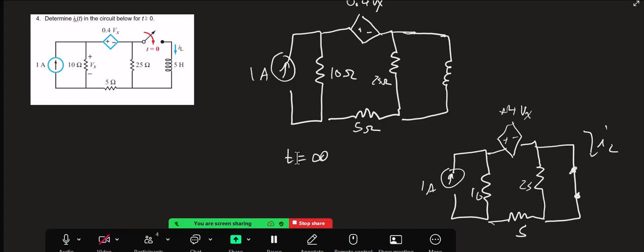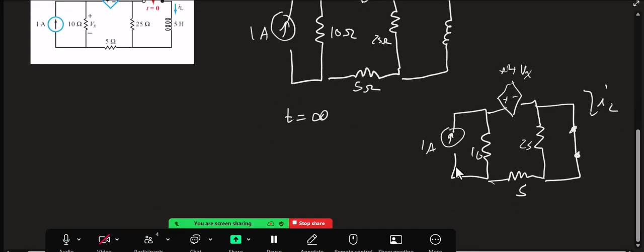Okay, so whenever we are looking for the voltage across the capacitor, we find something the capacitor is in parallel with. If we want to find the current through an inductor, what should we look for? Something it's in series with.